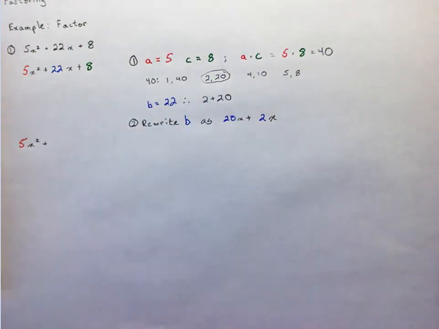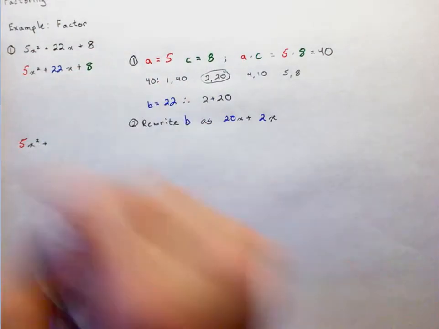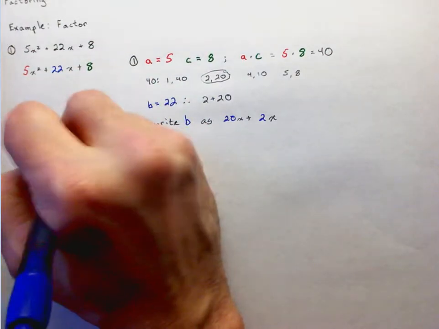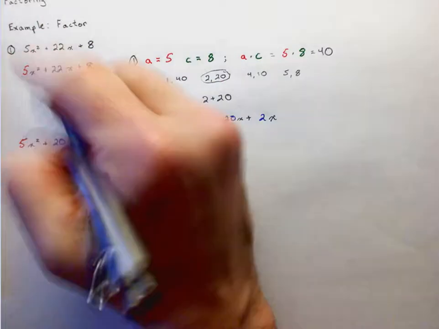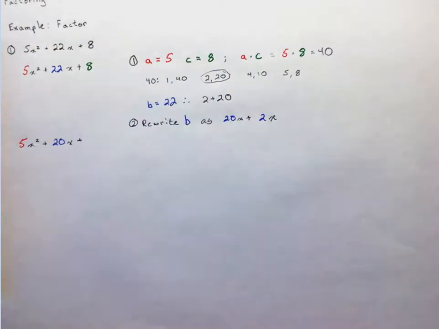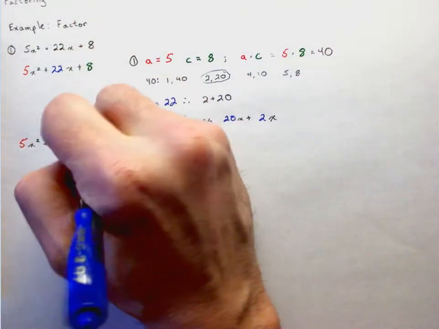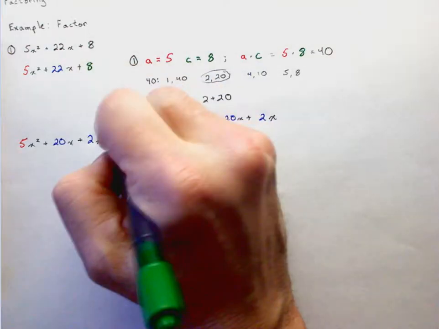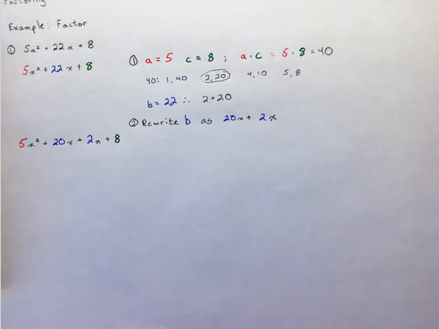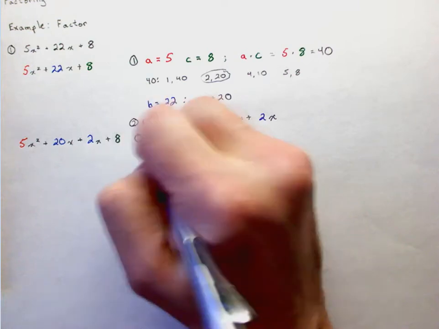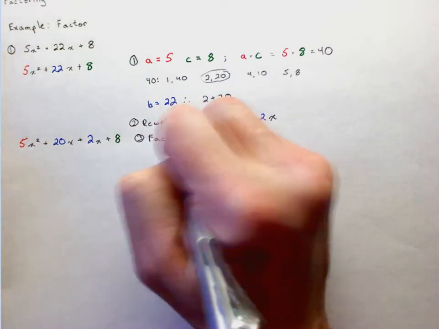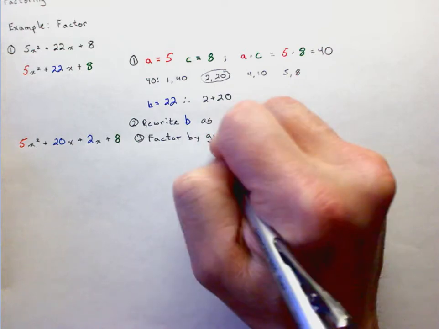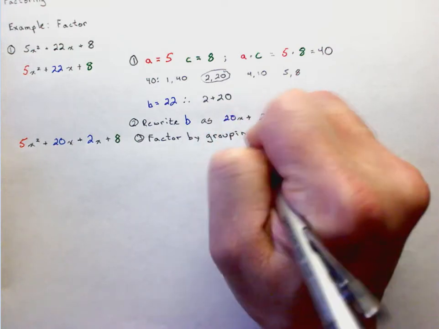The only thing I'm doing is expanding b from one term to two terms. 20x plus 2x plus 8. And now what am I going to do? I'm going to factor by grouping, step 3.